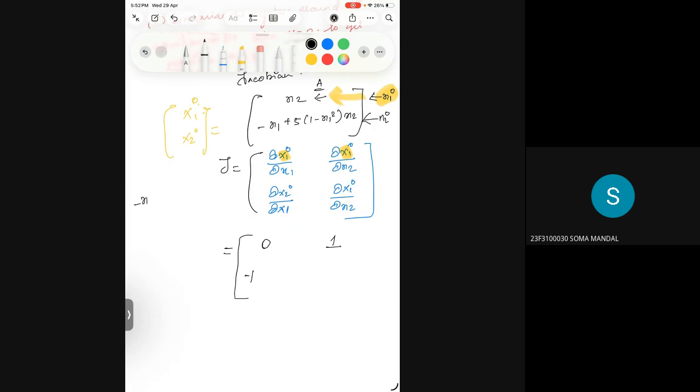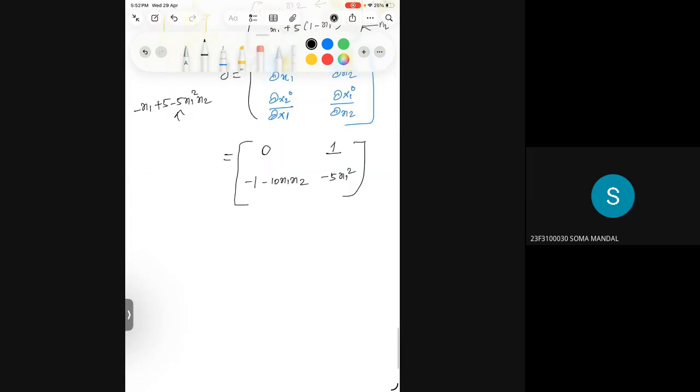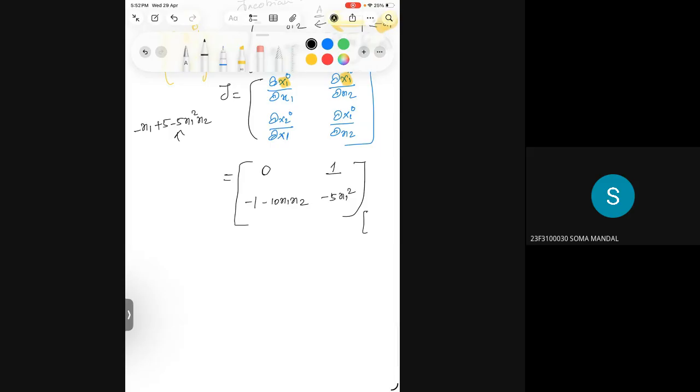Differentiating this with respect to x1 will give me -1 minus 10 x1 x2, right? This is the second row equation. Again, differentiating this with respect to x2 gives me 5 minus 5 x1 square, right? Now I am replacing x1, x2 equal to 0, 0.